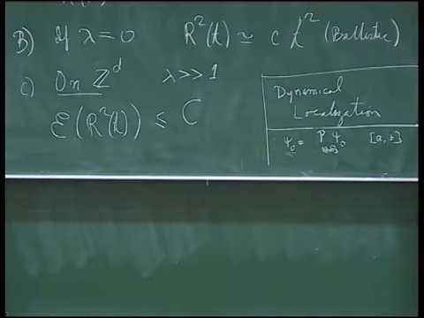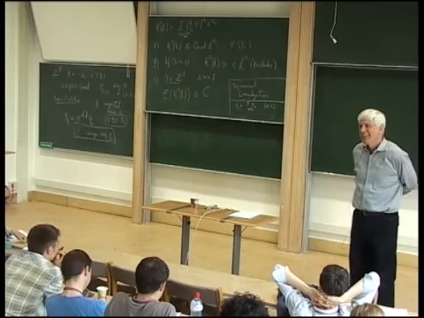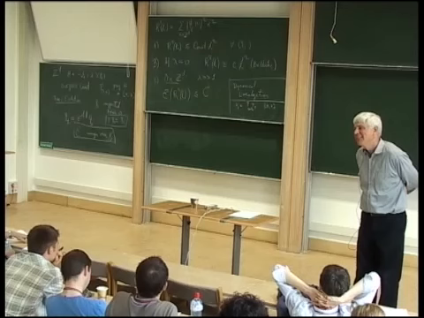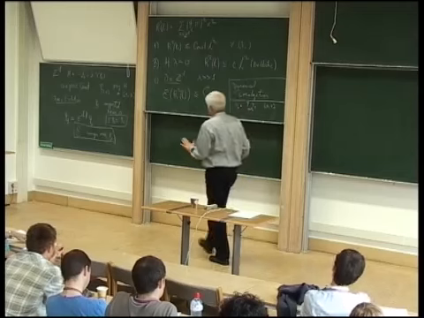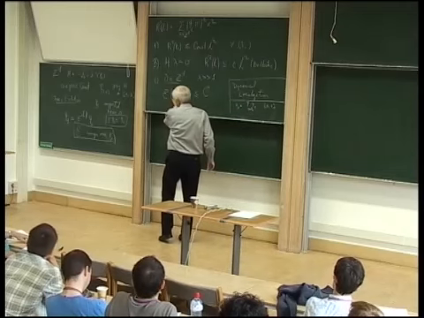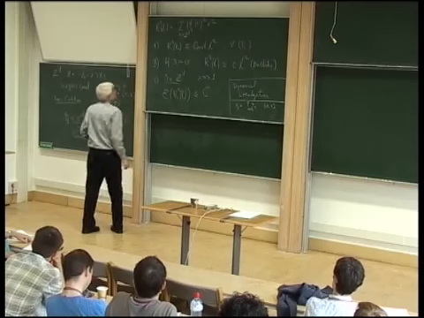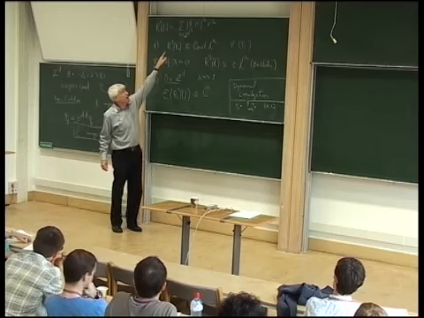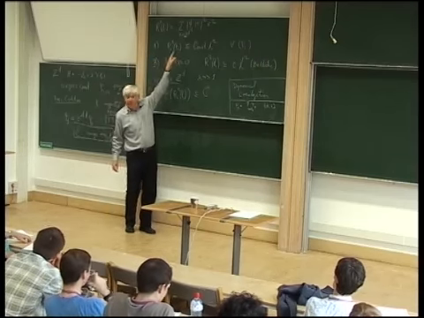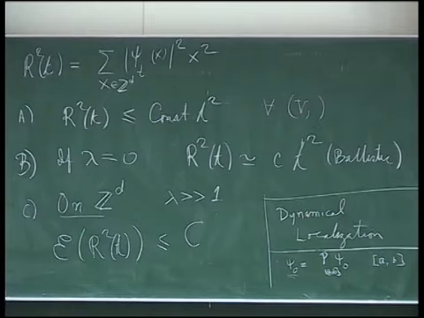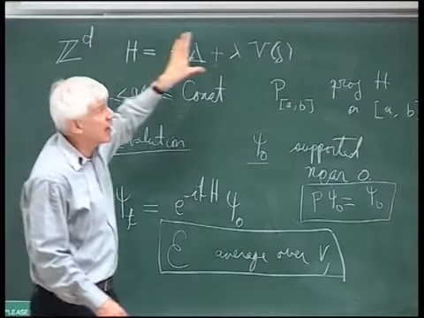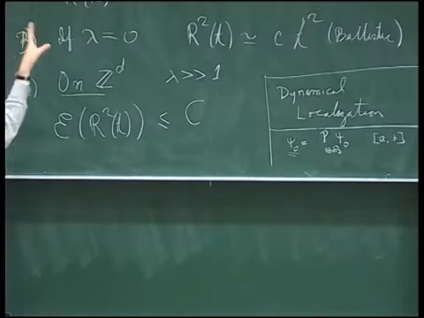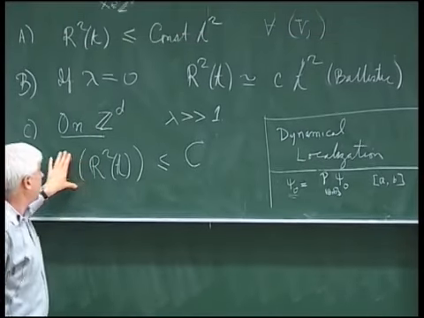Yes. So how do you average on potential? I beg your pardon? What's the potential average? These are good questions. So R squared is defined as I have above. You see the psi there. Now the psi evolves via this Hamiltonian. So the psi has randomness in it. So I need to average this thing.